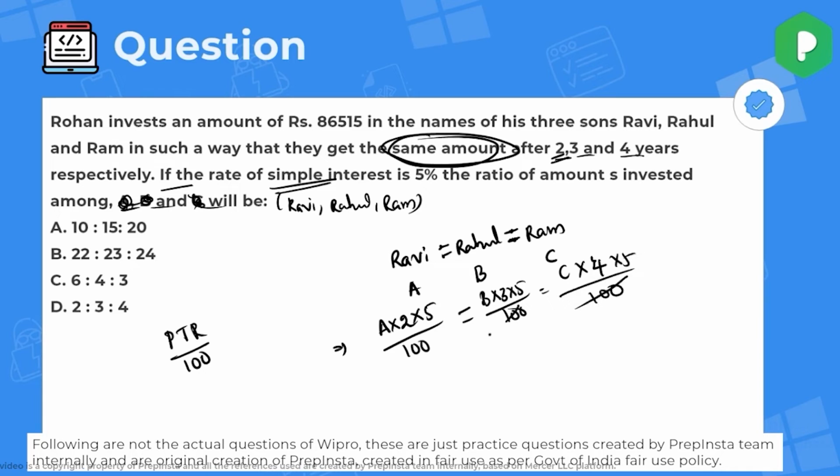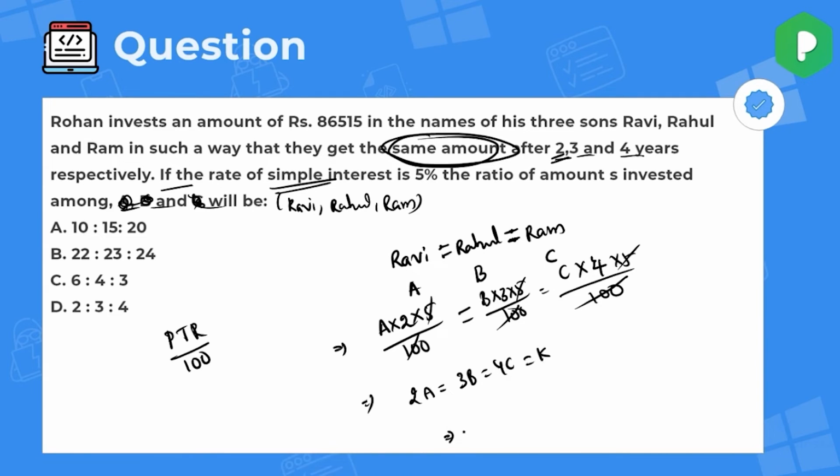So the hundreds got cancelled, the 5 got cancelled. That implies 2A is equal to 3B is equal to 4C, which is equal to K. I am assuming that. So that implies A is equal to K by 2, B is equal to K by 3 and C is equal to K by 4. So what is the ratio A is to B is to C then? 1 by 2 is to 1 by 3 is to 1 by 4.